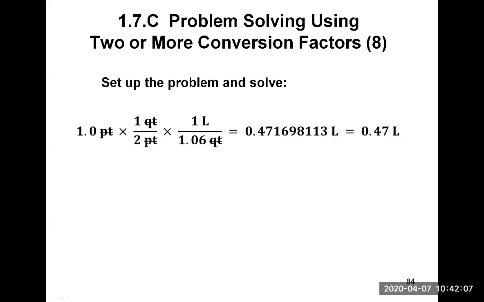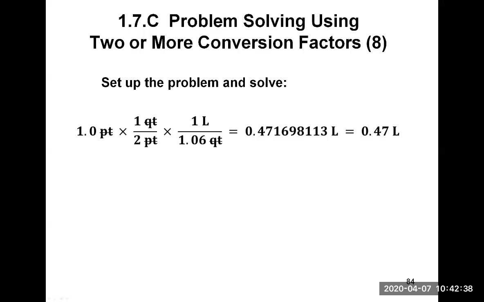In the calculator, you do 1 times 1 times 1 divided by 2 and divided again by 1.06. If you do not get this calculator answer of 0.471698113 liters, make sure you divide 1 by 2 and then divide again by 1.06.